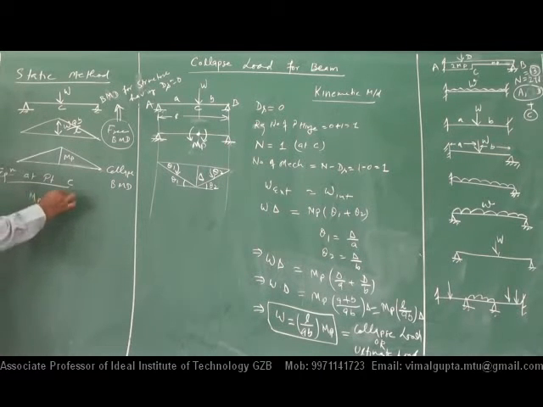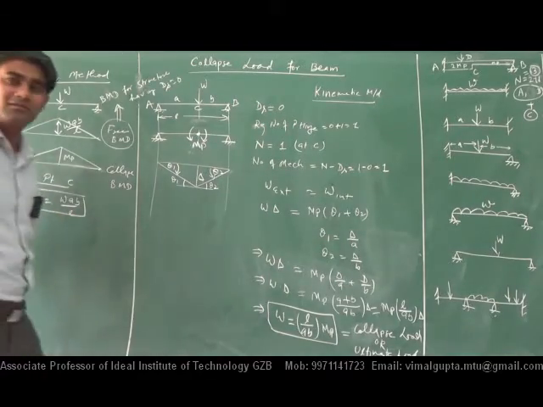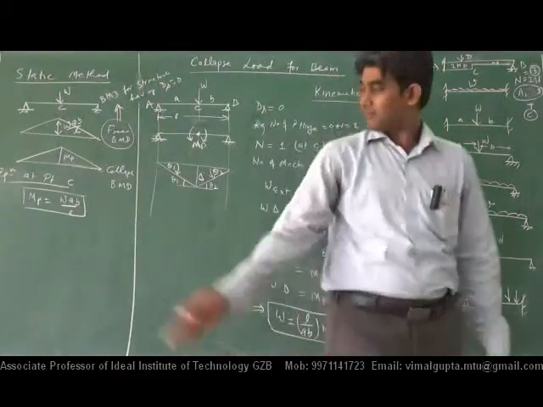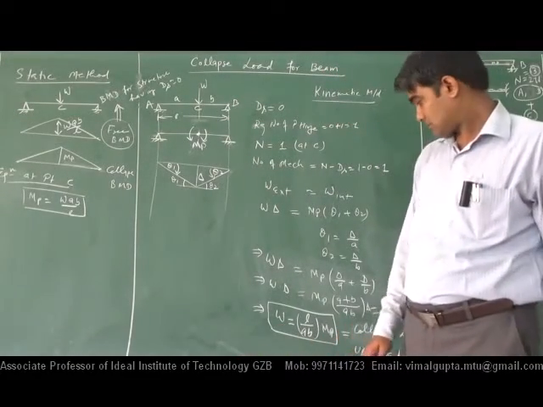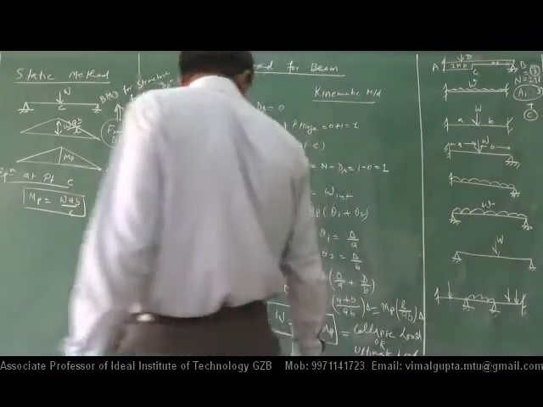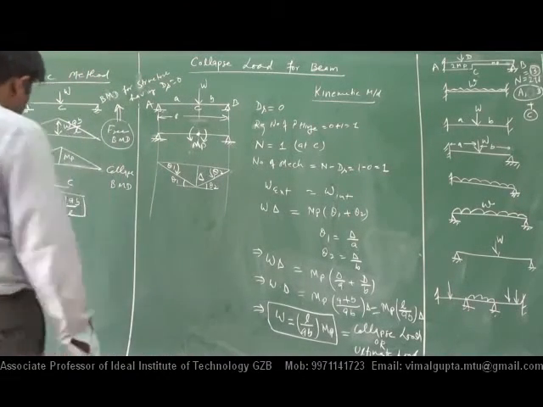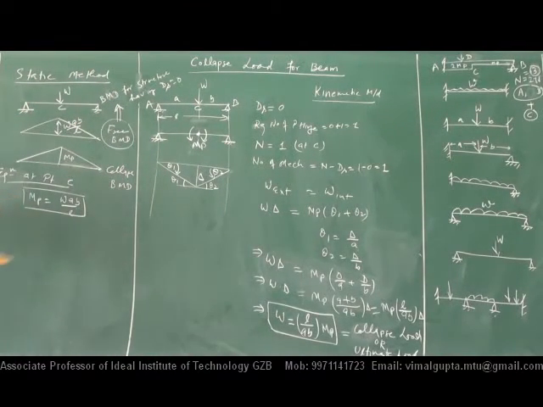Value of MP equals to WAB by L, simple. Okay, बस हो गया. Same result is there. MP equals that, so W will be what? MP times L upon AB.